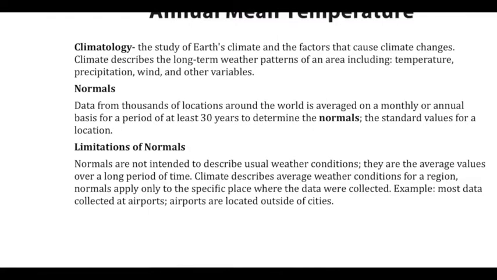And so you can say, in Minneapolis, over the last 30 years, Minneapolis has an average January temperature of, or July temperature of. So that can be thought of as kind of a baseline. That's normal over that period of time at that location.